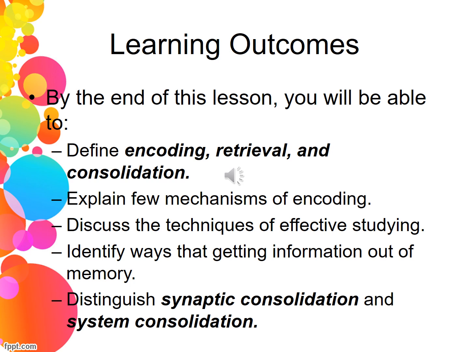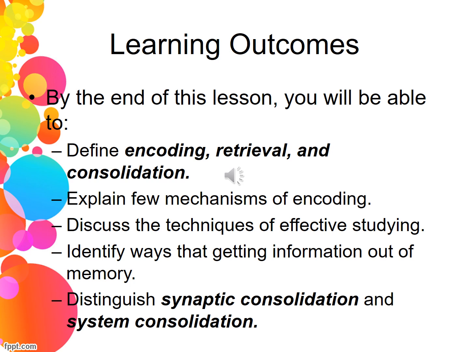By the end of this lesson, you will be able to first define encoding, retrieval, and consolidation. Then you are able to explain a few mechanisms of encoding, which means how people can actually encode new information, and then discuss techniques of effective studying.